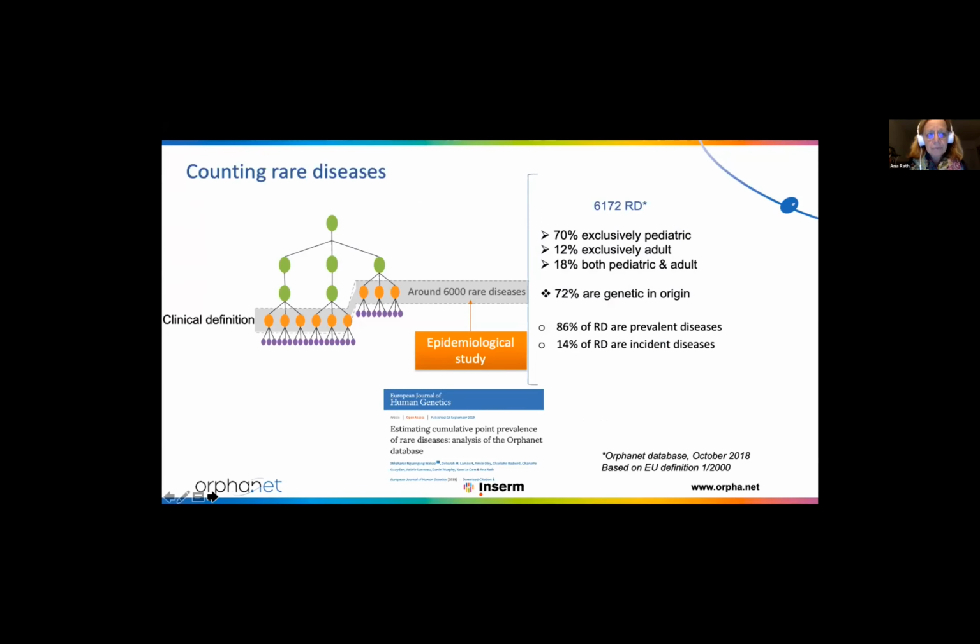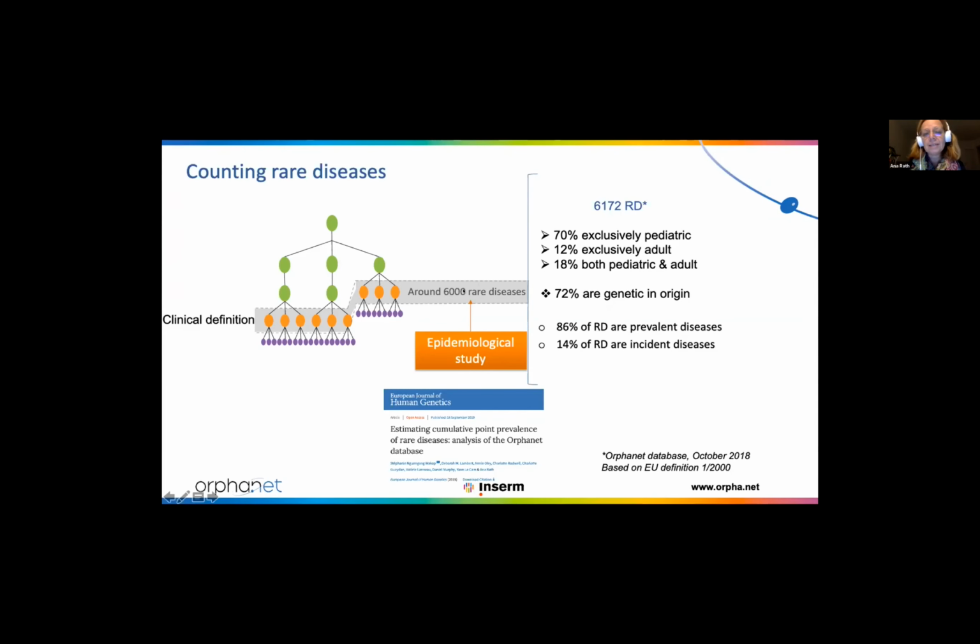To count rare diseases, we need to adopt a common definition. At Orphanet, we have adopted a clinical definition of rare diseases that is represented here by the orange dots. And based on this clinical definition, there are between 6,000 and 7,000 rare diseases.